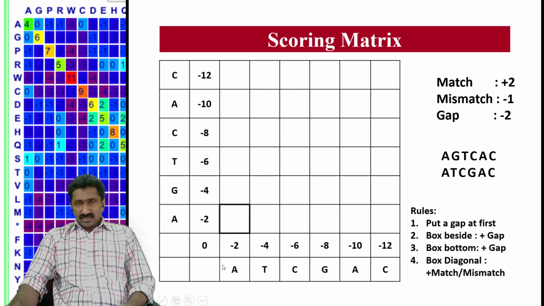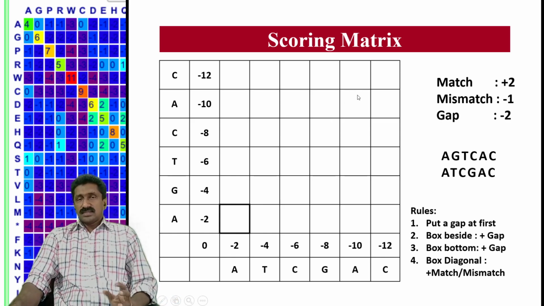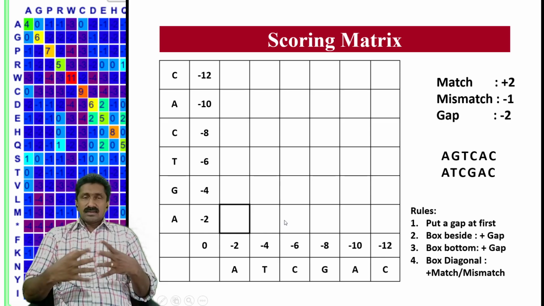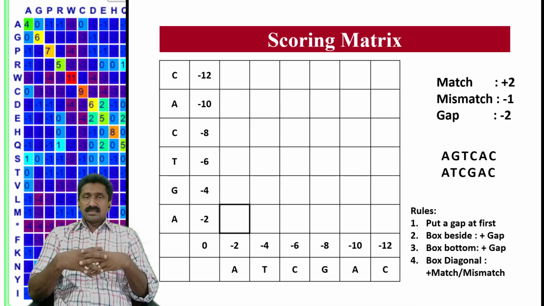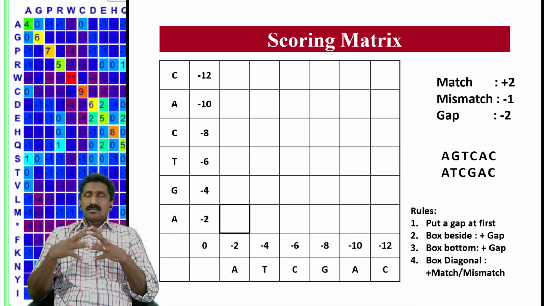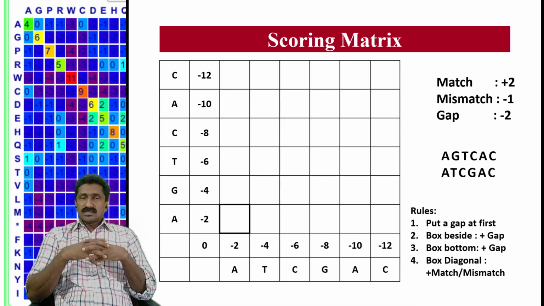As I mentioned, the sequence on the x axis can be written on the top side, starting from here, and then your scoring will start from top to bottom. And if you are arranging in this manner, then your scoring pattern will start from the left side bottom to top. So this is the direction, and there are scoring methods in which both types of arrangement of the matrix are made.